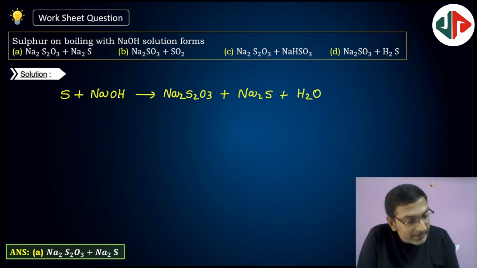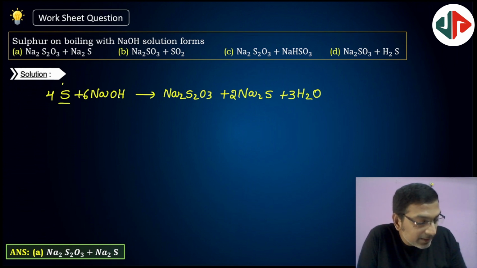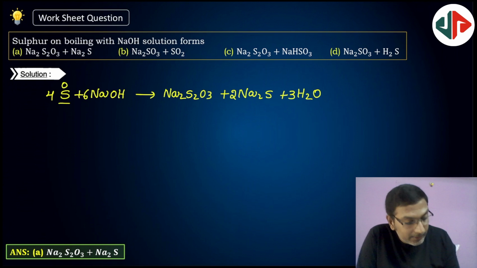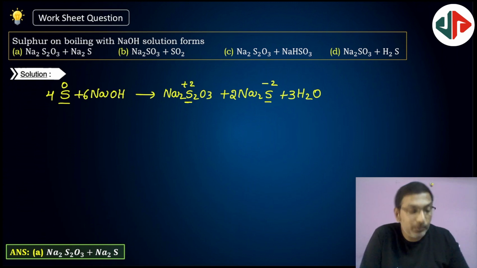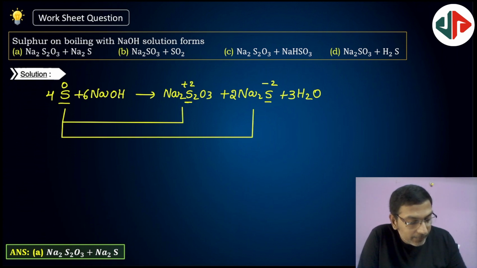So after balancing here 4S, 6 NaOH, next here 2 Na2S and 3 H2O. So sulfur oxidation state here 0. Next here plus 2, for each sulfur, here minus 2. So 0 to plus 2, and again 0 to minus 2.